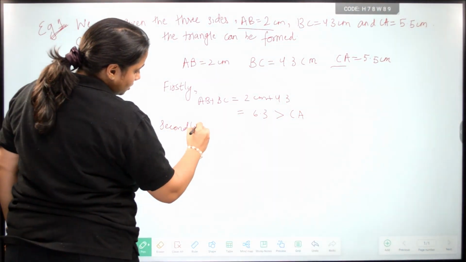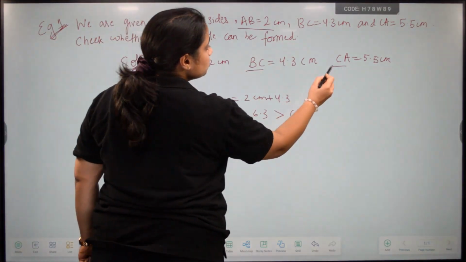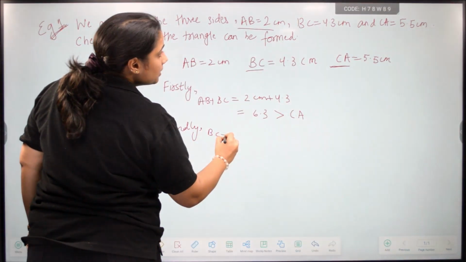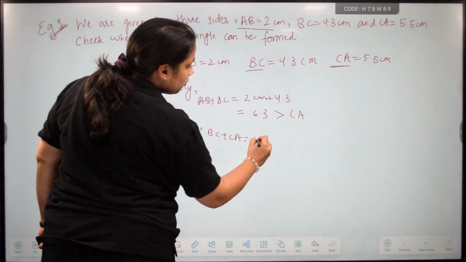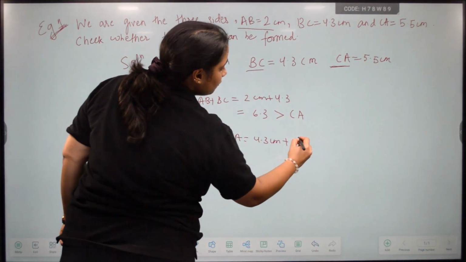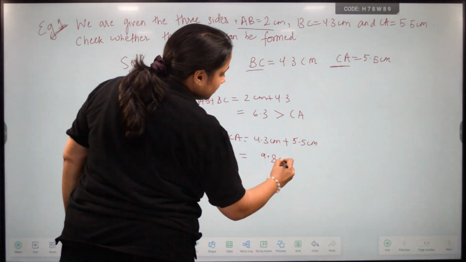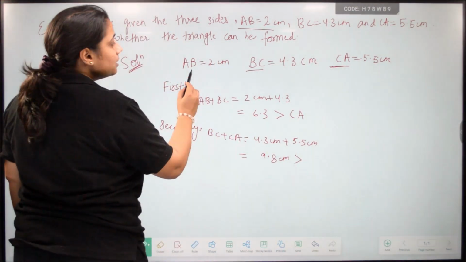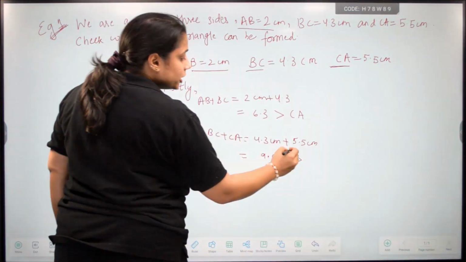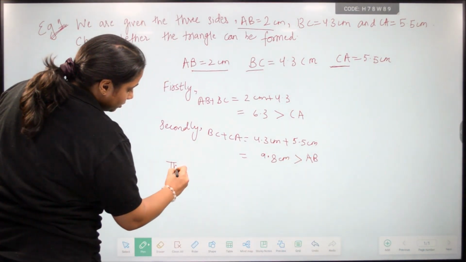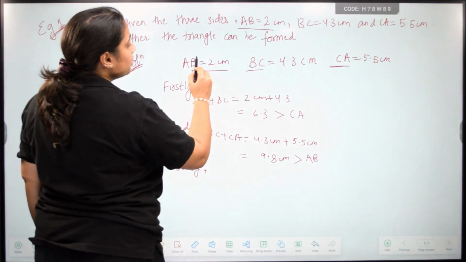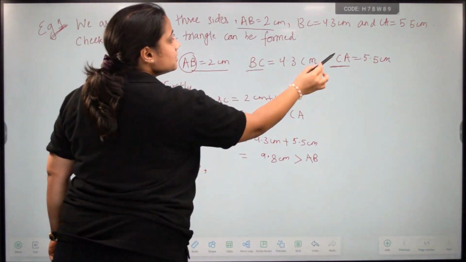Secondly, BC plus CA equals 4.3 cm plus 5.5 cm, which equals 9.8 cm, which is again greater than the third side AB, that is 2 cm. And thirdly, let's check the sum of AB and CA.